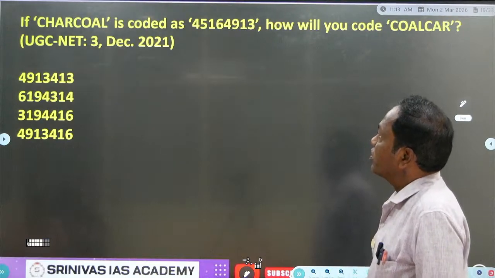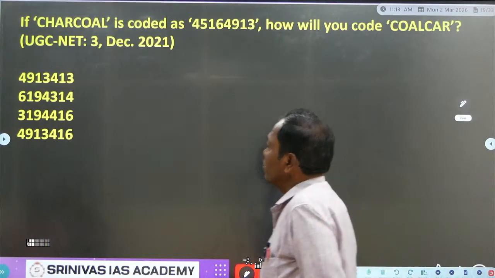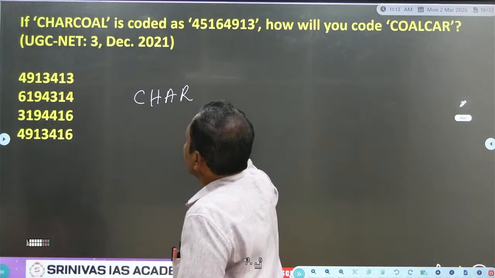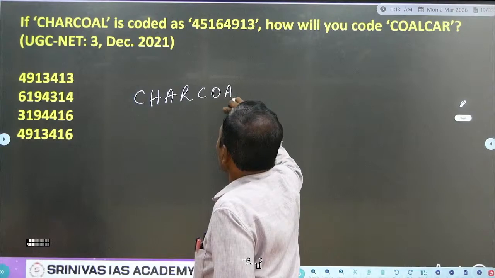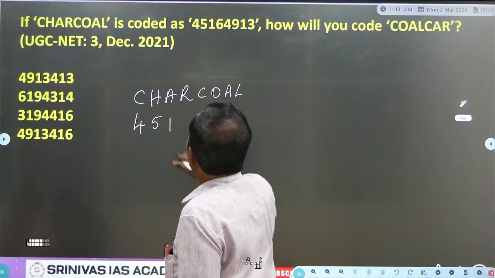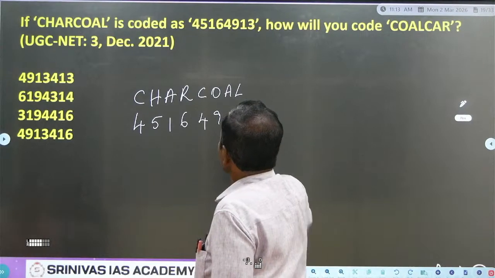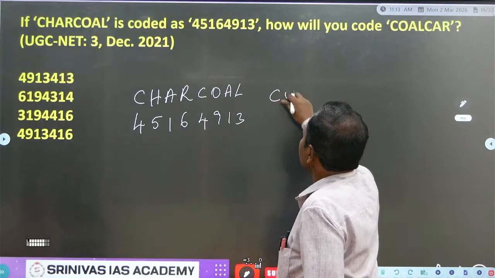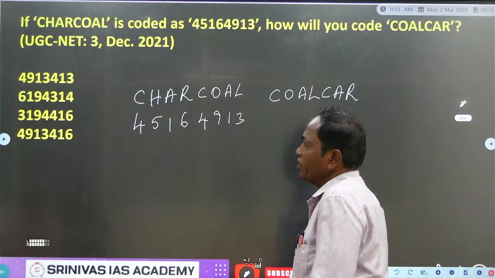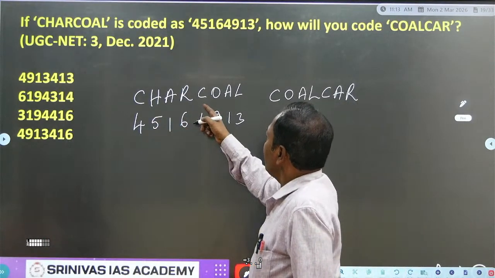Next, charcoal is coded as something. How will you code coal core? Okay, there is only one word given. Coal is coded as 4 5 1 6 4 9 1 3. Coal core, C-O-A-L-C-A-R. We don't know anything, let us see.